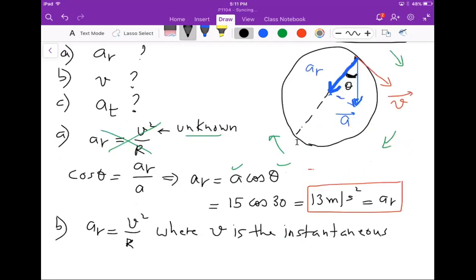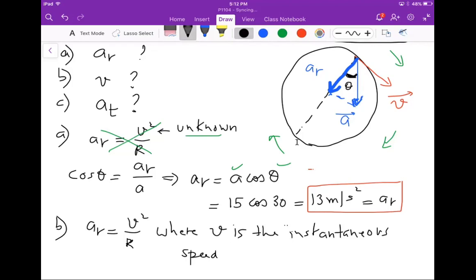To be more rigorous, V is the instantaneous speed, or the magnitude of the instantaneous velocity.